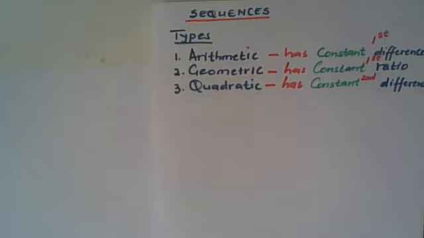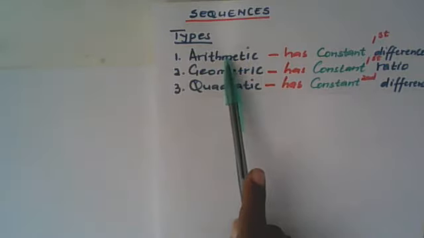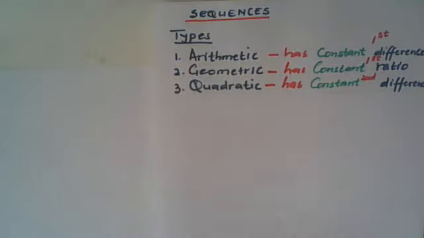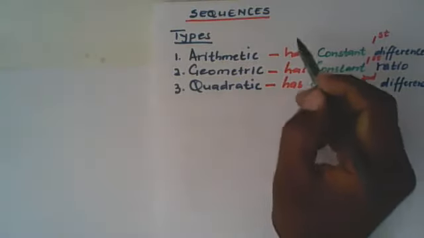Guys, this is awesome, because we take it from a definition and then we move it to a representation. How can we represent the arithmetic sequence? You can represent that as a straight line.